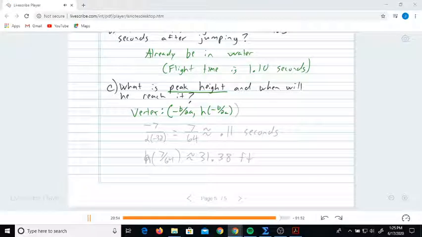And then if we go ahead and plug that in, that would be function h at 7/64. If we plug that in, let's go ahead and do that. So let's punch that value in.